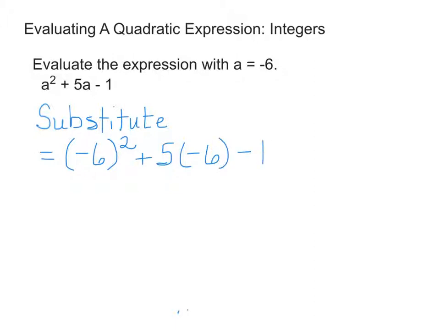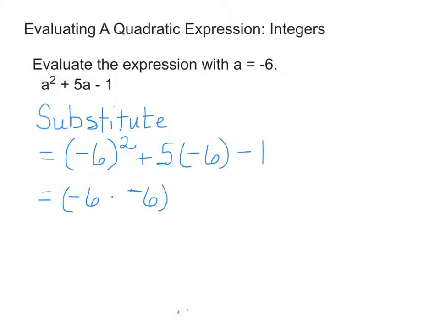Again, notice that I put the negative 6 inside the parentheses and then squared it. This is very important. It will make your answer not work if you don't put those parentheses around the negative 6. Alright, from here, we know that negative 6 squared means negative 6 times negative 6.